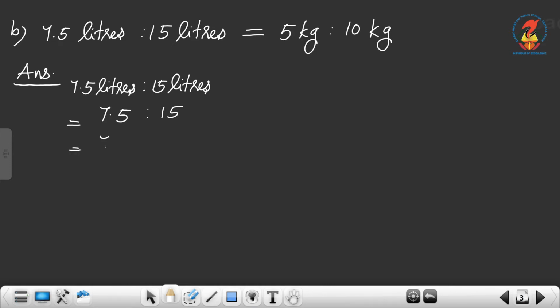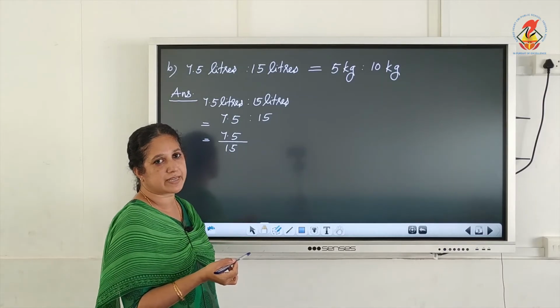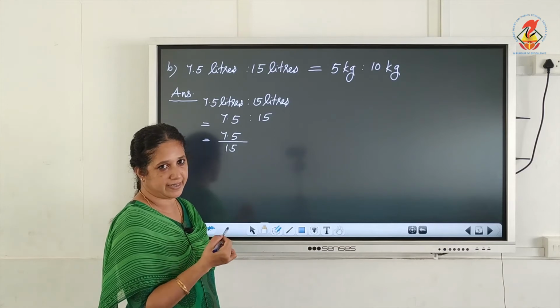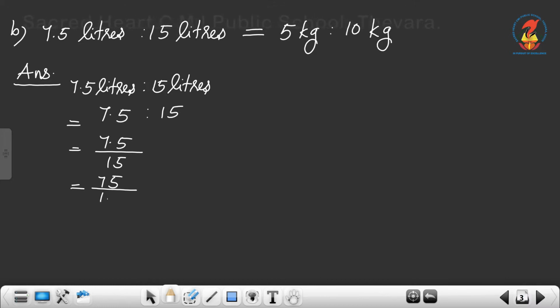Now we can write it in the fraction form, 7.5 divided by 15. Now we want to change the decimal point. How can we write 7.5 as a fraction? 75 by 10. So we write it as 75 by 10 divided by 15, so 15 will come in the denominator. So 75 by 10 into 15 equals 75 by 150.